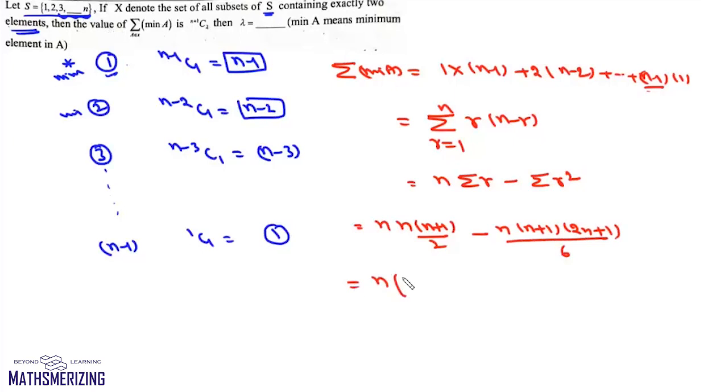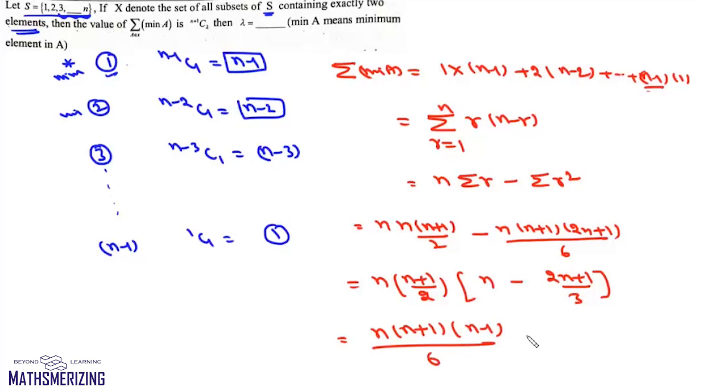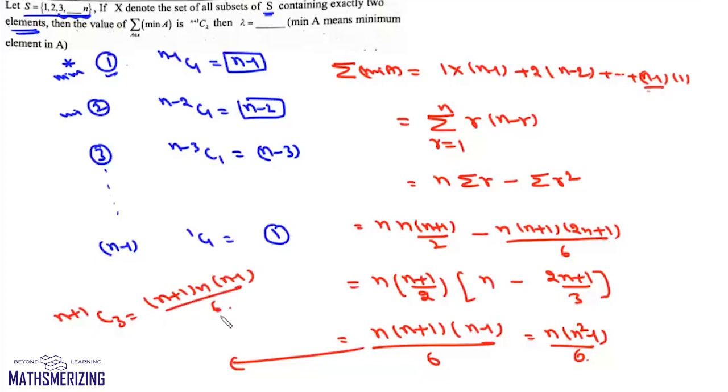Here we'll take (n plus 1)/2 common. So now we'll have n minus (2n plus 1)/3, which gives (n plus 1)(n minus 1)/6. That is n(n squared minus 1)/6. Now this is nothing but (n plus 1)C3, because it will be (n plus 1)n(n minus 1)/6. So the value of lambda must be equal to 3, and that is the answer to this question.